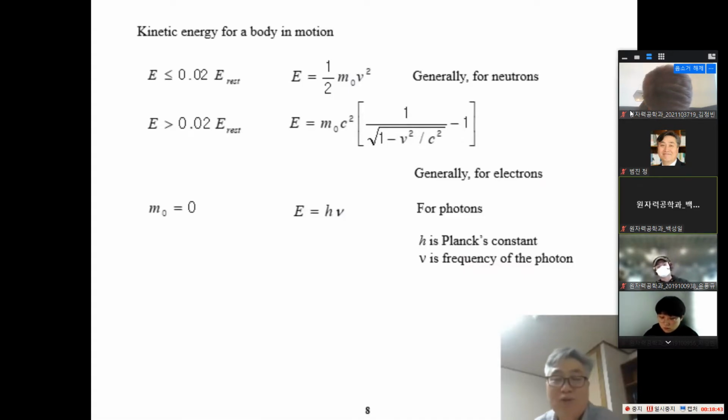So we need another definition of energy: E equals h nu. The h is the Planck constant and nu is frequency. This is not v, this is nu. So this is the energy of a photon.